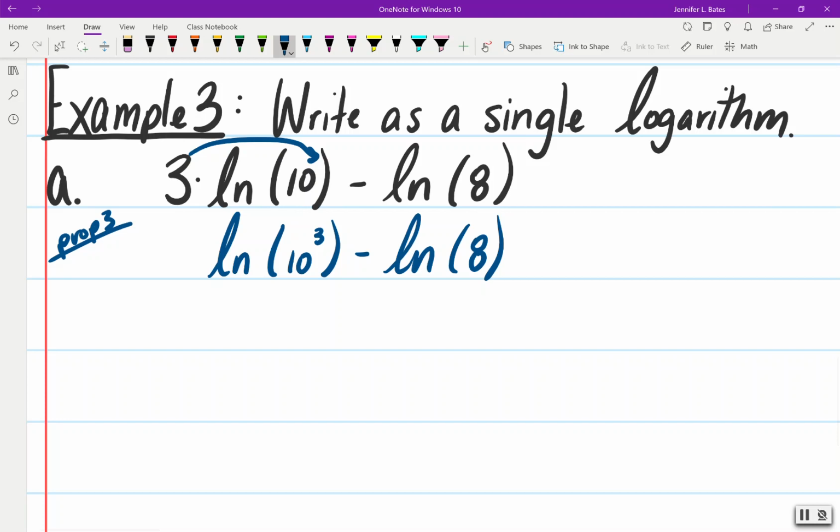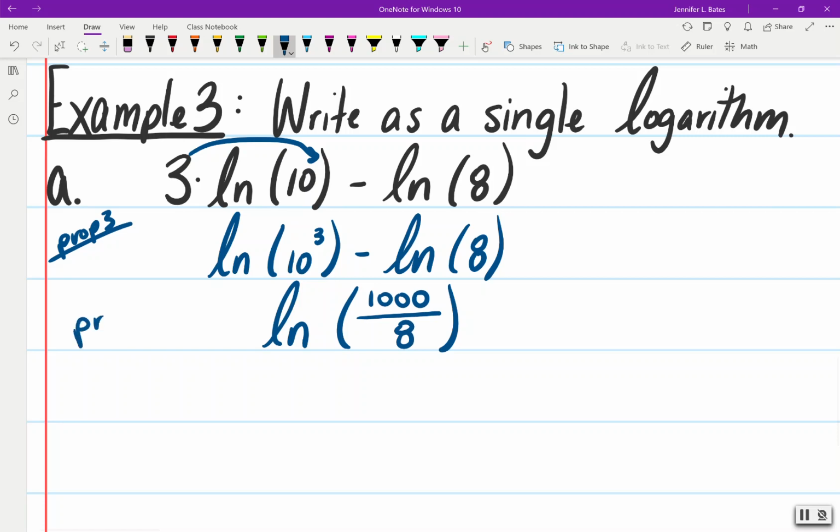Which log property tells me how to combine these? 2 logs that are being subtracted. How do I combine these? Which log property is it? 1, 2, 3, 4, or 5? Very good. Log property 2 says if I have 2 logs being subtracted, I'm going to go ahead and divide the arguments. So this is really the natural log of 10 cubed. 10 cubed is 1,000 over 8.